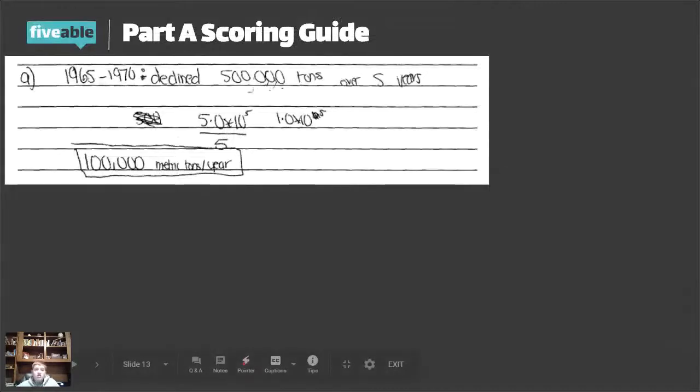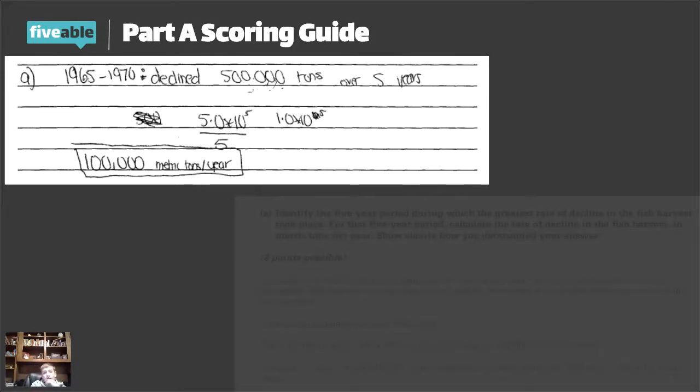This person said that from 1965 to 1970, the fish population declined 500,000 tons over 5 years. So if you divide 500,000 by 5, you get 100,000 metric tons per year. Let's see how they scored against the scoring guide.